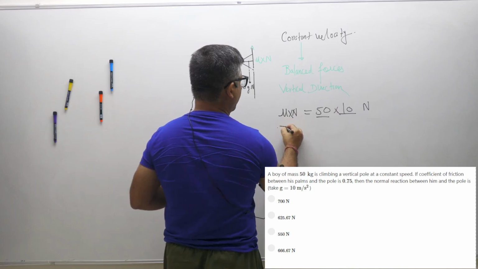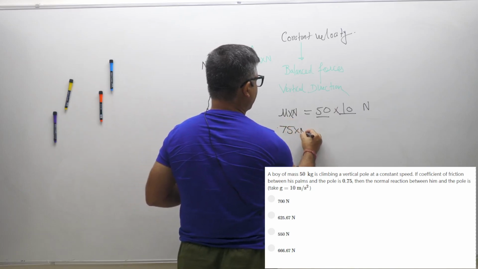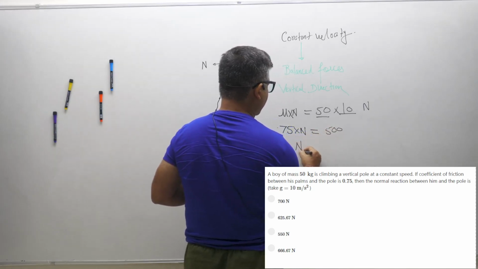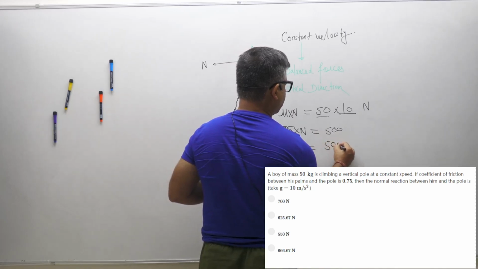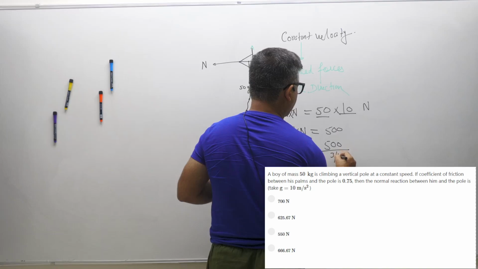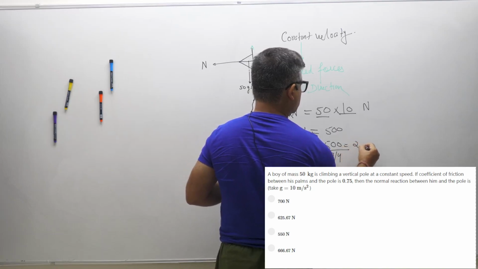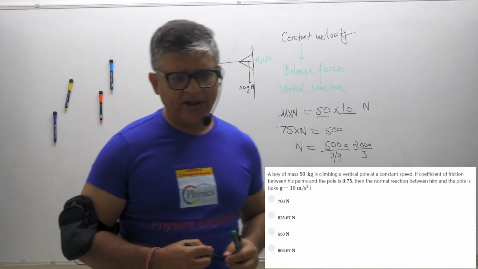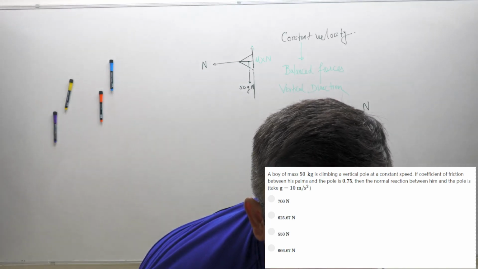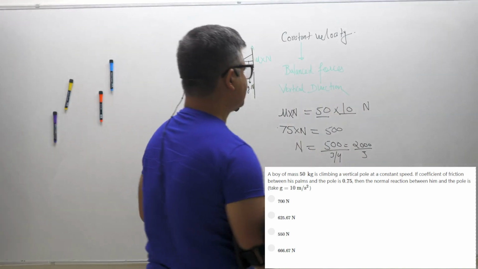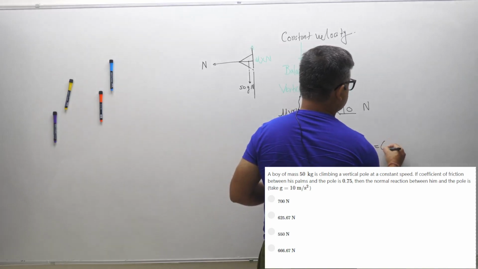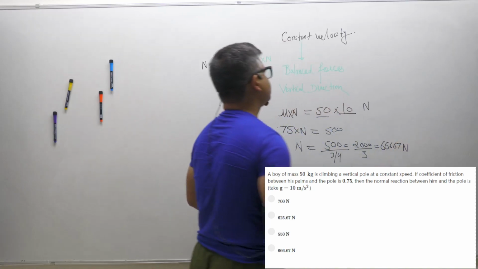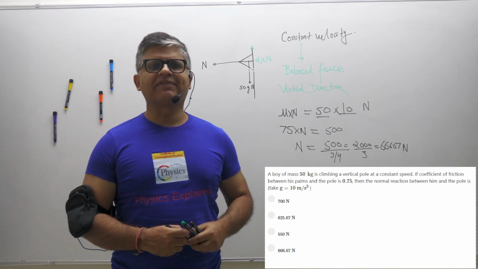Mu is known to be 0.75, multiplied by N is equal to 500, and therefore the normal reaction is 500 divided by 3/4, which is 2000 divided by 3, which is around 666 point whatever. Let's see the choices. The choice number 4 is the correct choice. The answer is 666.67 newton.